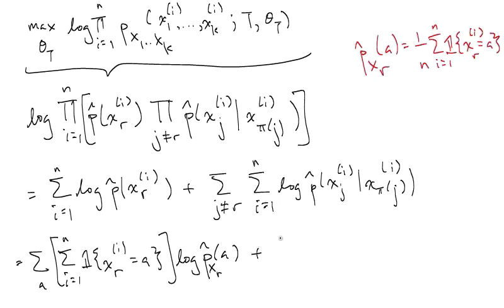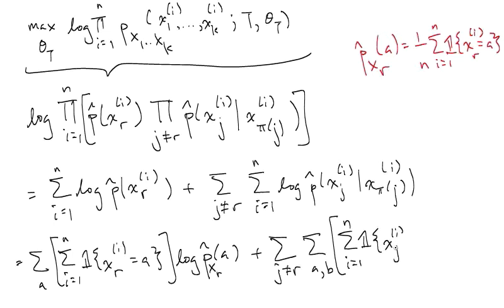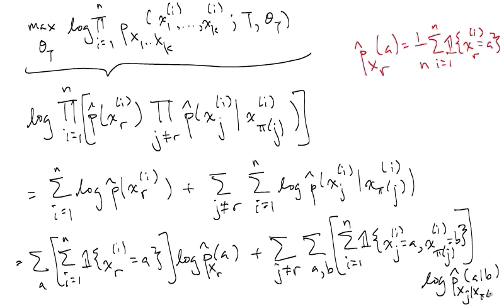And plus, for this second thing, we're going to have j not equal to r of the sum over all the possible values of A and all the possible values of B. And then now we're going to sum over the training data of whether the ith training data point looking at the jth random variable is equal to A, and for the ith training data point, the parent of the jth random variable is equal to B. So we're going to have this times log of p hat of A given B, where this is X_j given X_pi(j).